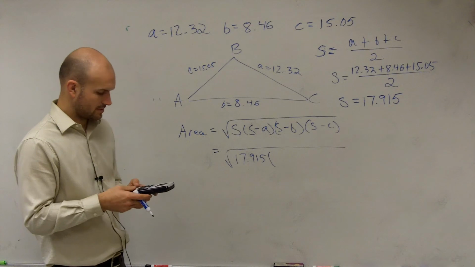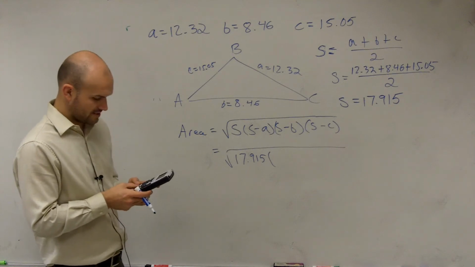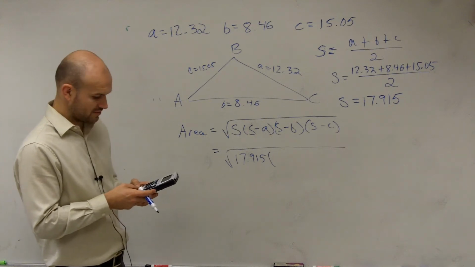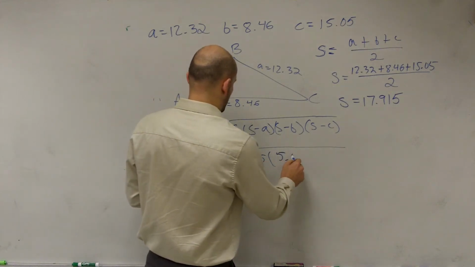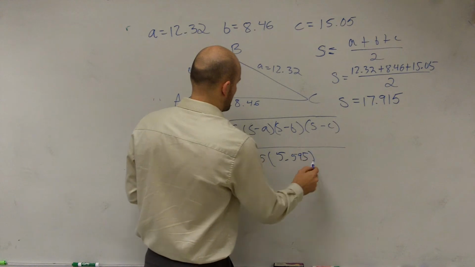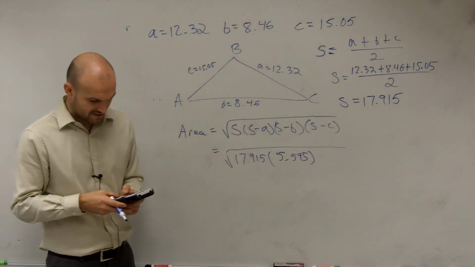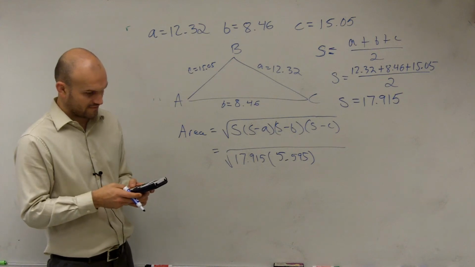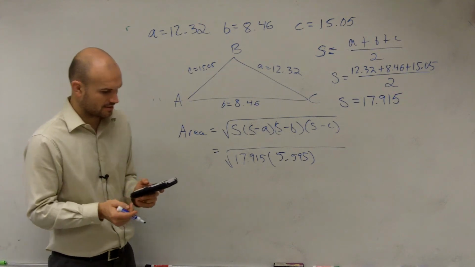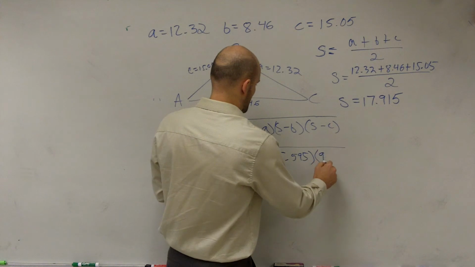17.915 minus 12.32 is going to be 5.595. 17.915 minus 8.46 is 9.455. Oh, sorry, I said 9.455.